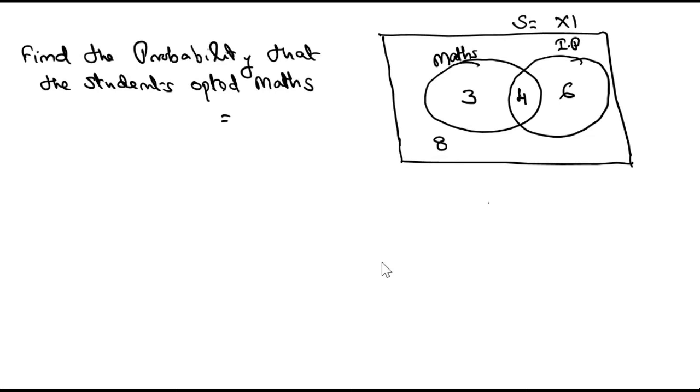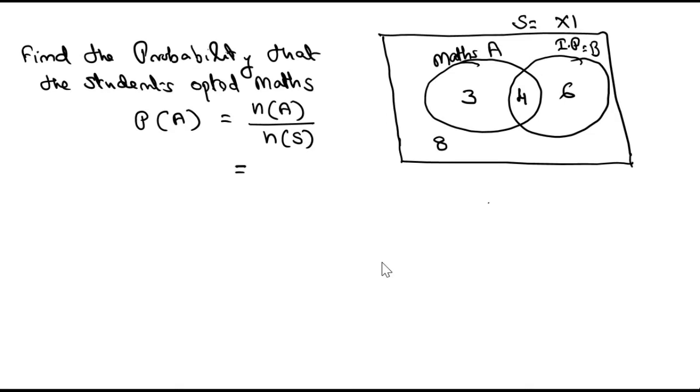That means the number of students who opted maths, suppose I am taking this as A, this as B, and the number of students in the sample space N of S. This is your probability of maths students.